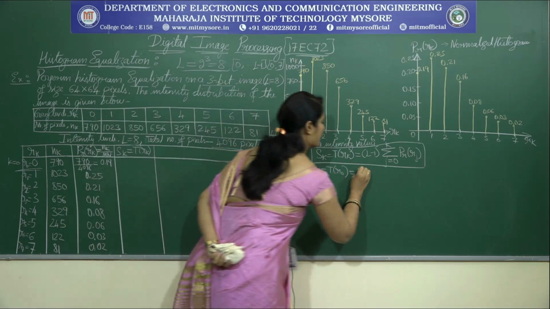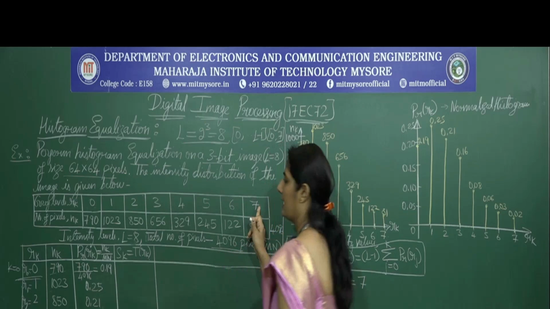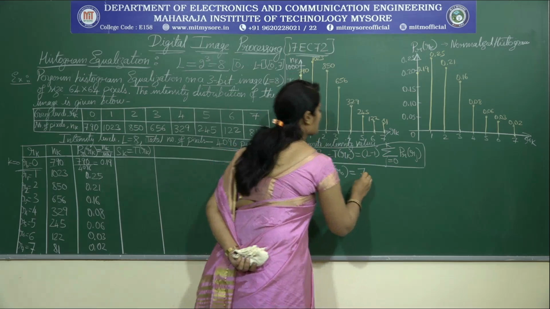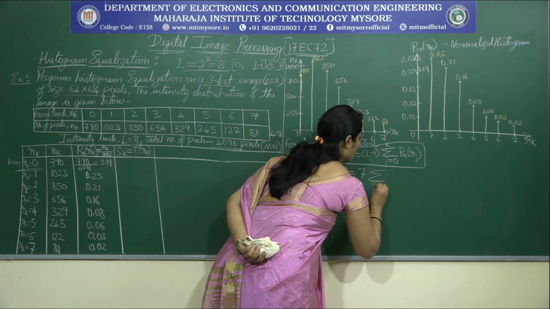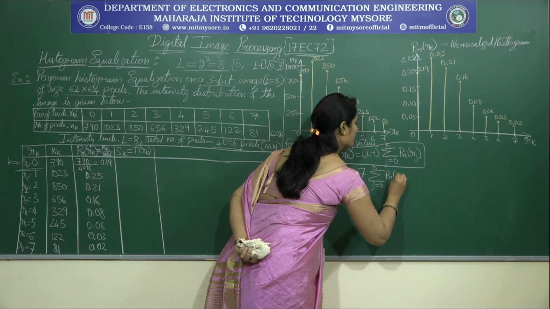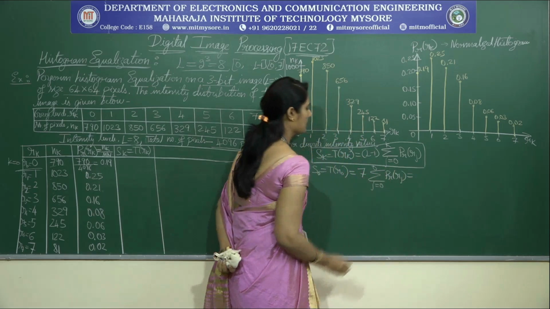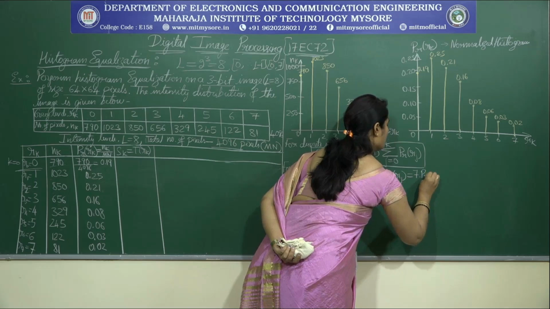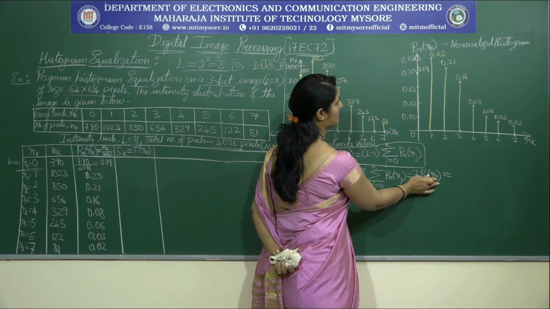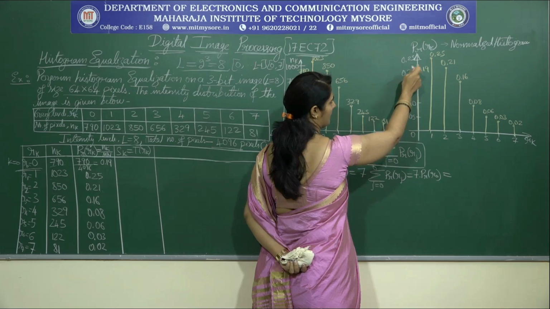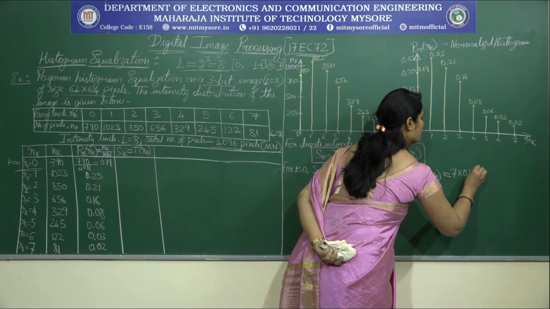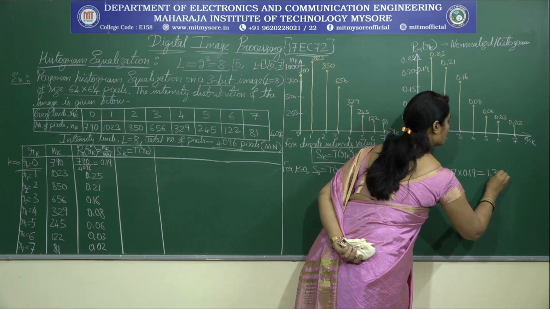L minus 1 is 7, which represents the maximum intensity value of this image. The summation for j equals 0 to k, where k is equal to 0, gives 7 into pr(r0). The probability density function of r0 is 0.19. Therefore 7 into 0.19 is 1.33.